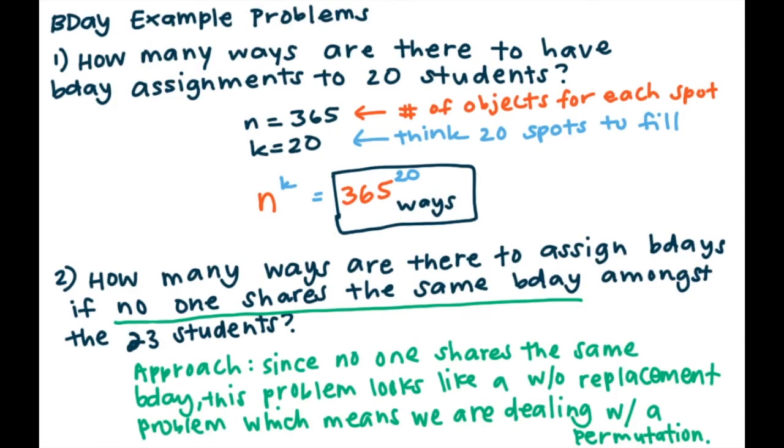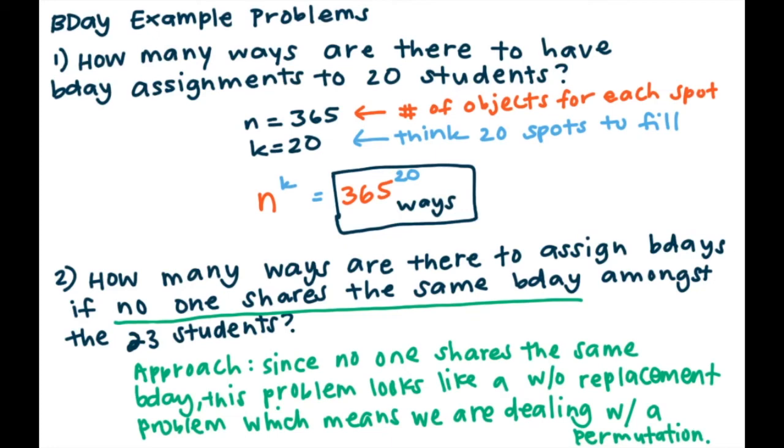And if you count up the total number of options, that's also 8. Okay, so now we're going to look at the birthday example problems. So the first one is, how many ways are there to have birthday assignments to 20 students? Okay, so n equals 365. And remember, n is the number of objects for each spot. So I knew that it was 365 because there's 365 days in a year.